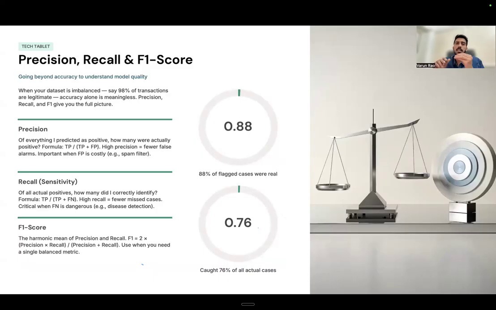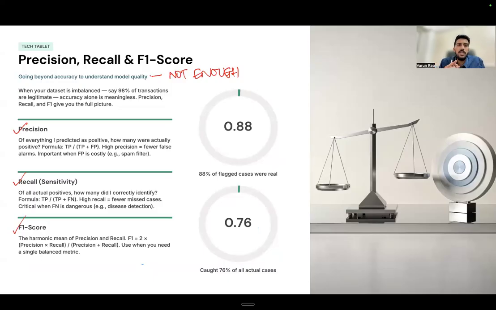Then you have precision, recall, and F1 score. What are these? Sometimes just accuracy is not enough. You need more values than accuracy. That is where you have precision, recall, and F1 score. What does precision do?